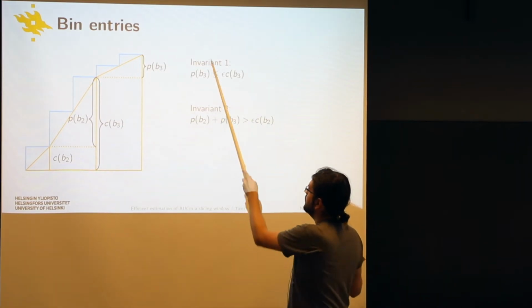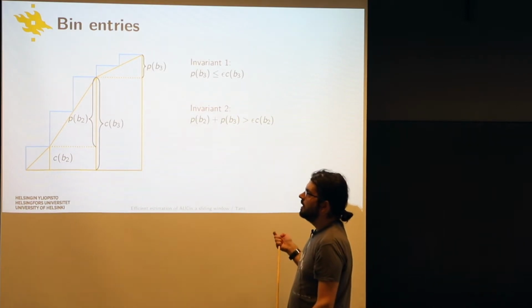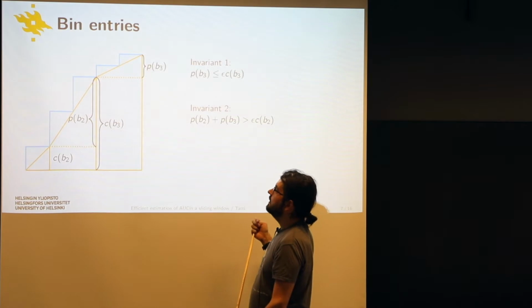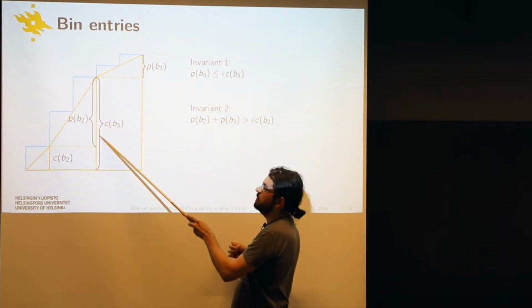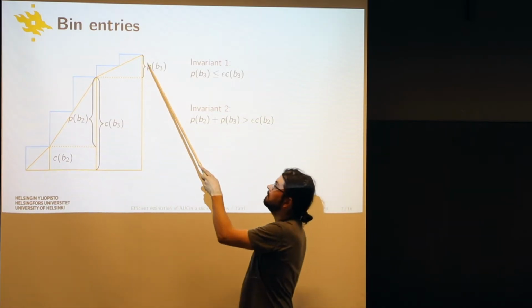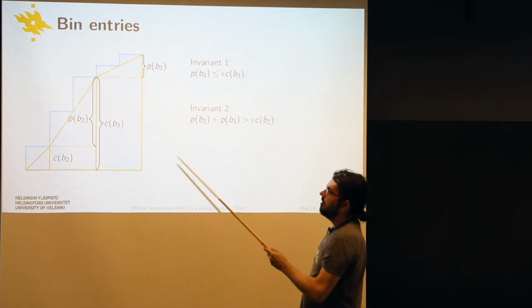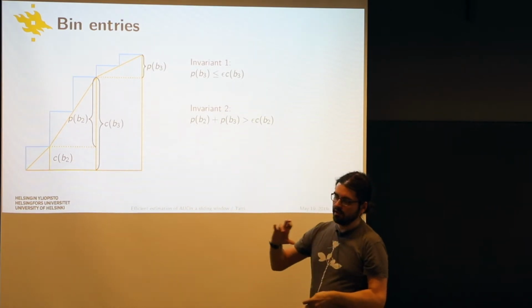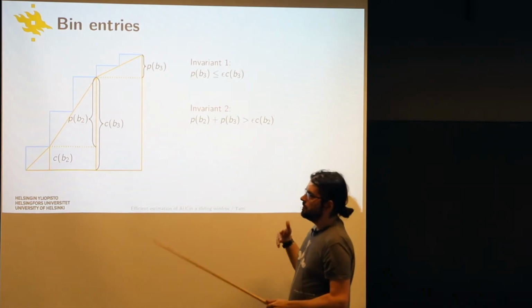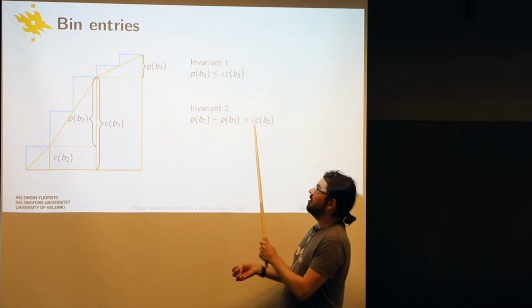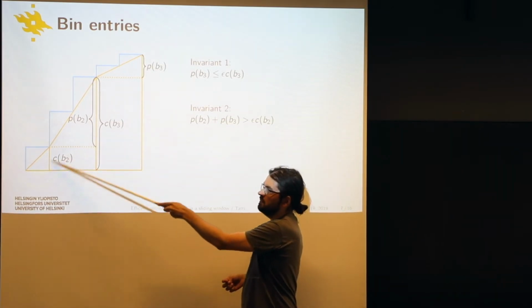So that's invariant 1. Invariant number 2 is that if I take this additional length of 2 consecutive bins, so PB3 this guy and then PB2 this guy, then this combined addition to the height should be at least epsilon times this side.